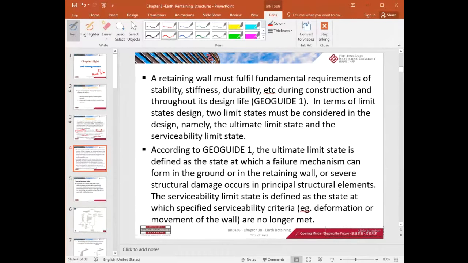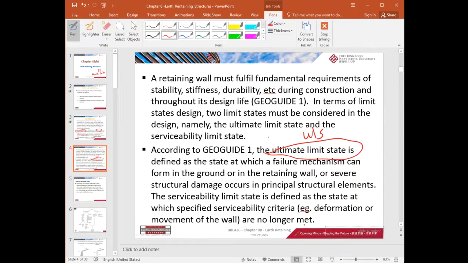Now, in the limit state design approach, we have two important limit states. The first one is the ultimate limit state, the ULS. Now, the ULS is the state at which a structure may fail under the loading or under other kinds of movement and so on.